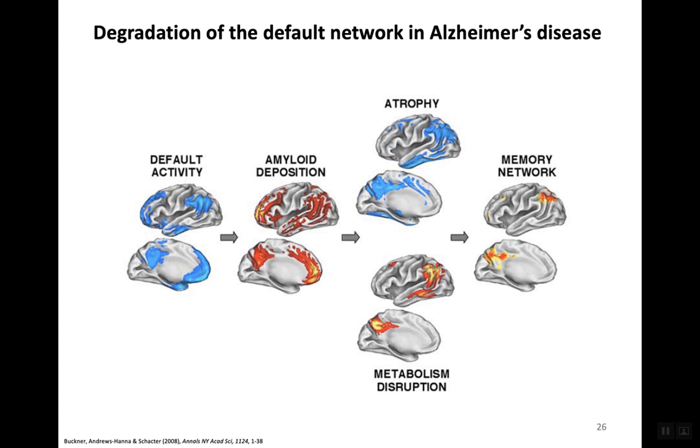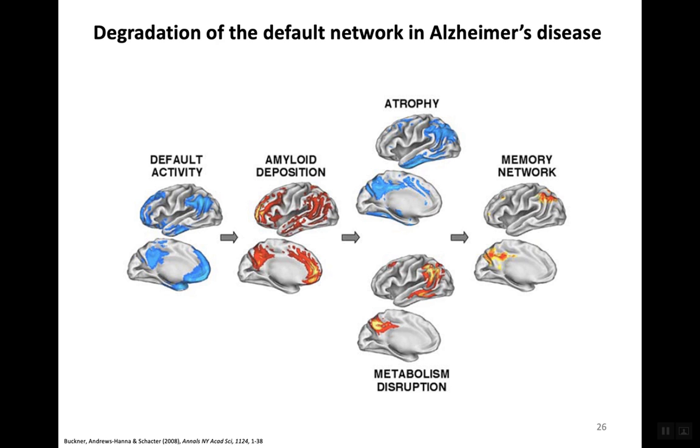And one thing that we had the opportunity to discuss earlier during this term was amyloid deposition. The role of beta amyloid plaques in neuronal death and the atrophy of certain cortical regions as revealed by PET.